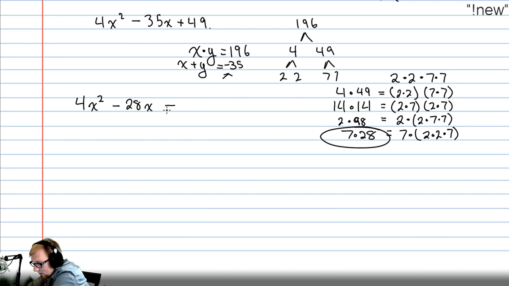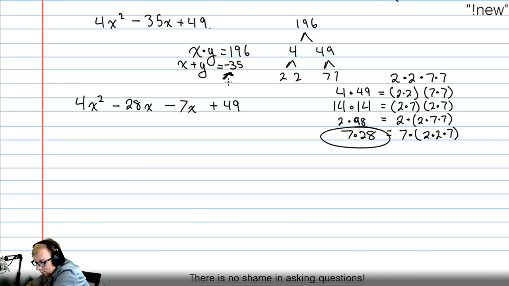So why would it be plus instead of minus? Because a negative times a negative is positive. Yeah, and you've got plus 196, but you've got minus 35. So you need minus 28 minus 7. You see? It has to add together to give you negative 35.